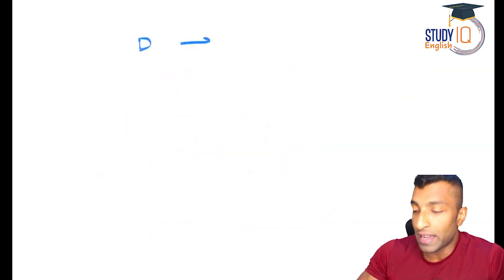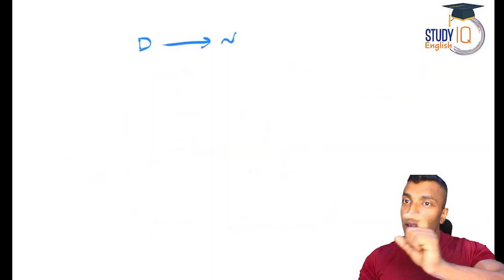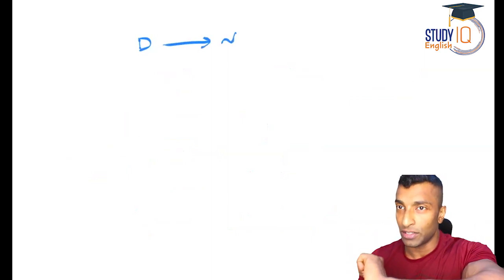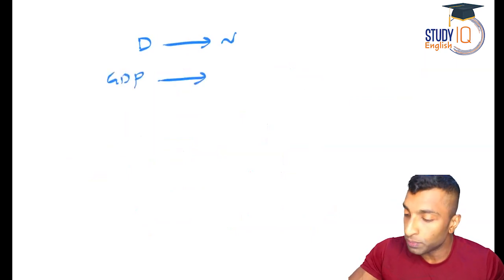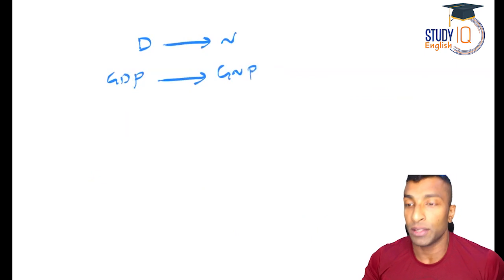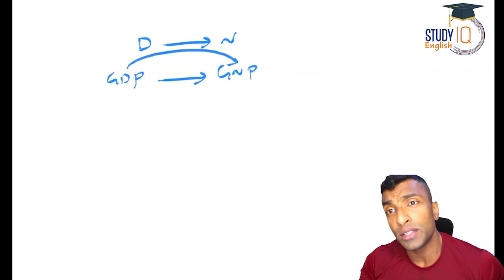Now you have already understood how the domestic can be changed to national. GDP is a domestic concept. The GNP is a national concept. So you can see here GDP to GNP. What has happened here? The second letter has changed. How has it changed?